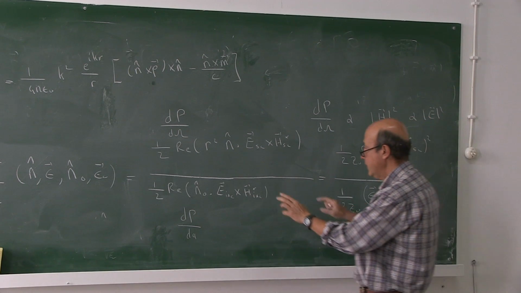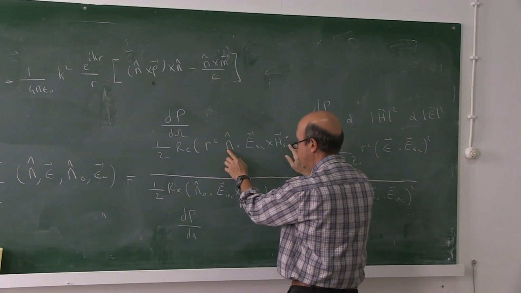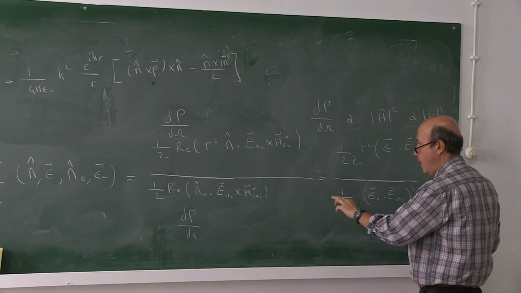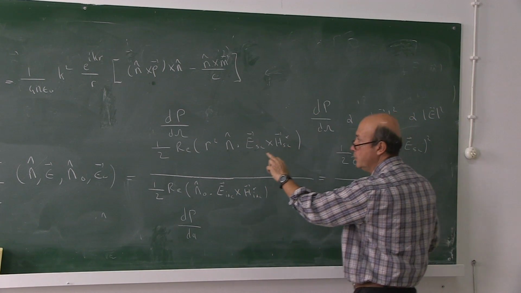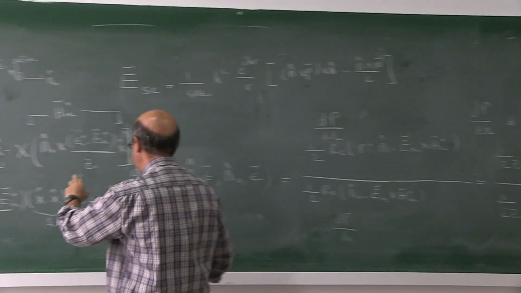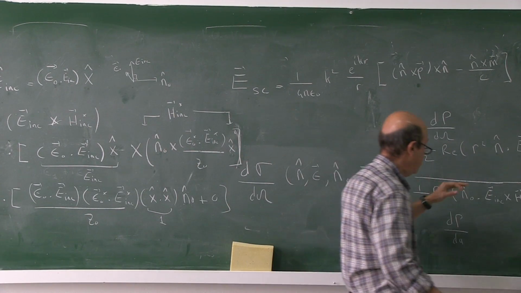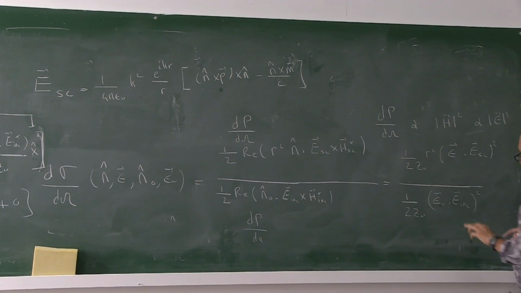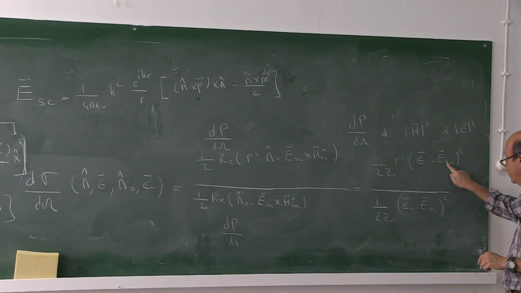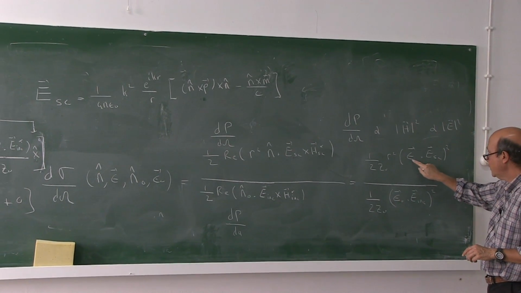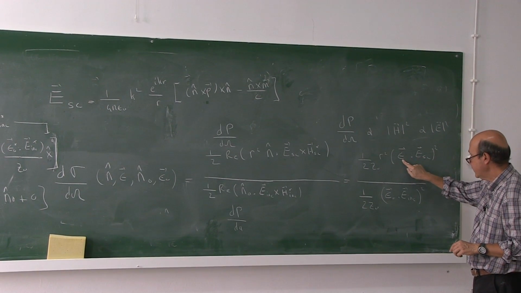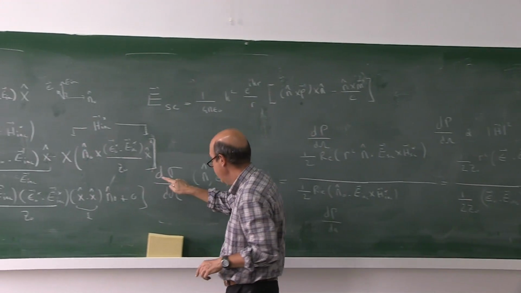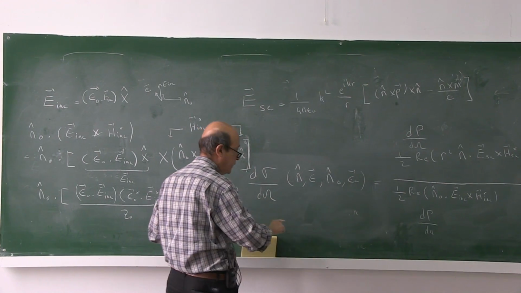And if you do the same thing, the above term here, nothing will be changed. Instead of H scattered, you will write n cross E over impedance and do the same algebra, then you will have the following term: the scattered field dot product polarization after the scattering times R squared. And this whole stuff will be the scattering cross-section per solid angle.